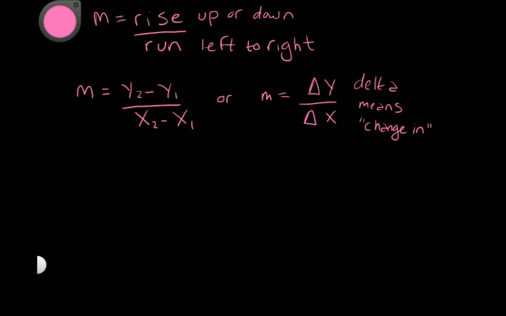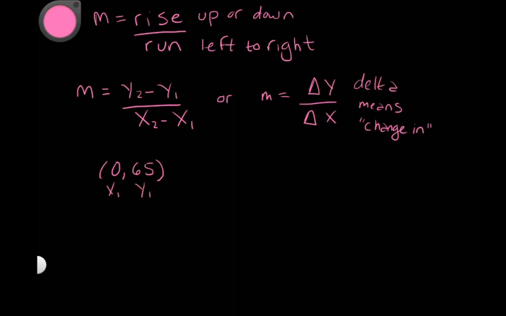So for example, let's say that we have 2 points on a line. So the first point is 0 and 65. So this is an x1 and a y1.